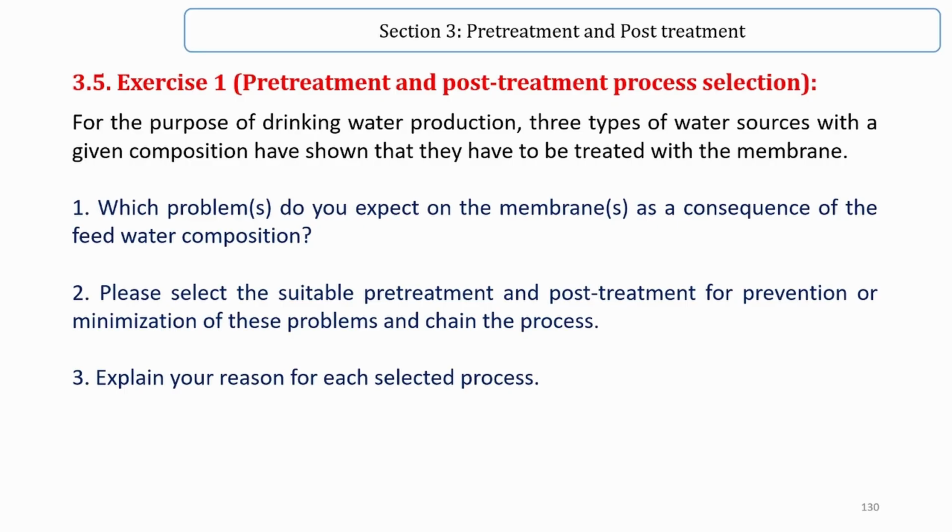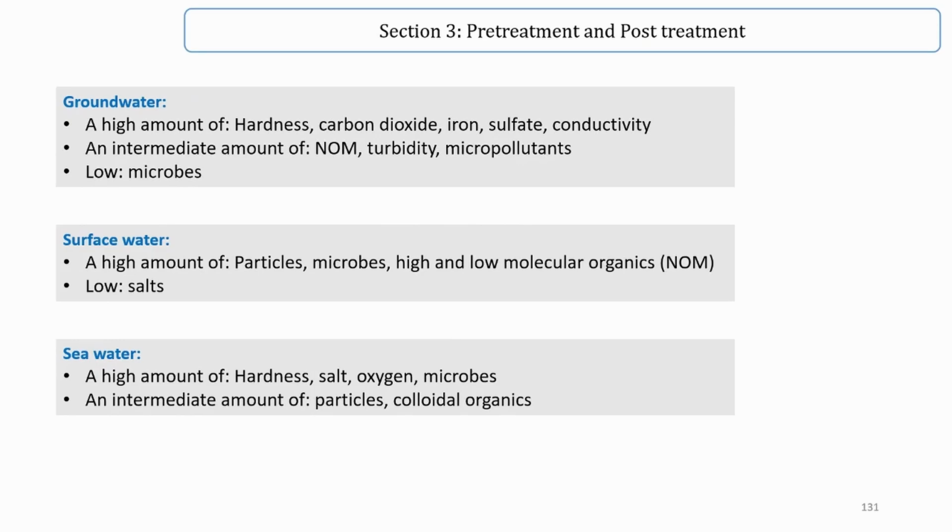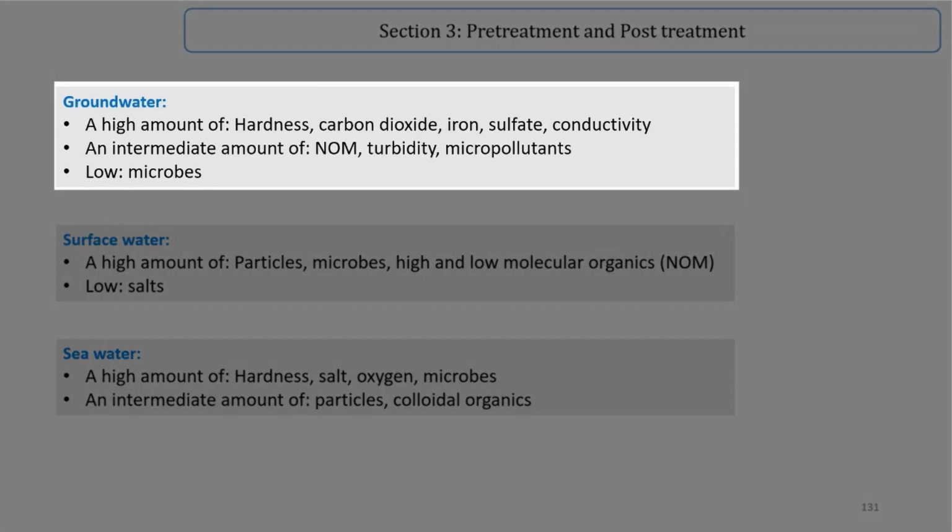Let's look at the water sources. The first water source is groundwater with a high amount of hardness, carbon dioxide, iron, sulfate, and conductivity, an intermediate amount of natural organic matter, turbidity, micropollutants, and low microbes.